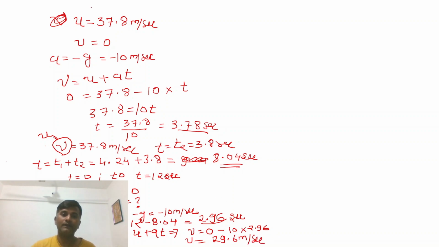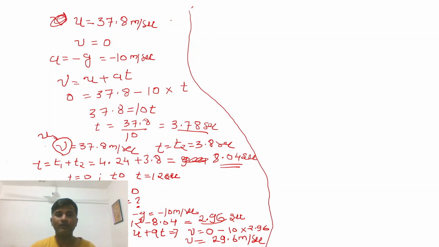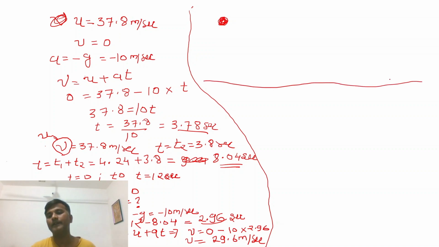Right? Now let me draw the diagram properly so that you can understand. So my situation was, I got all the values now. There is a ball which is falling onto the ground. Let us say this is ground. What was the distance?